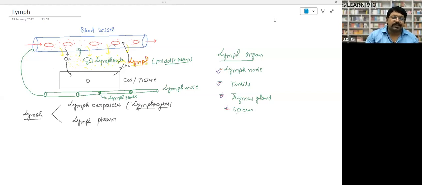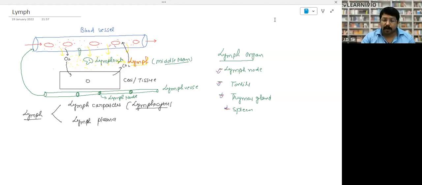Between these lymph vessels, there are some knot-like, nodule-like structures called lymph nodes, right? So lymph is made up of lymph plasma, which is basically the filtered blood plasma, and lymph cells called lymphocytes, a special type of WBC. Production of lymph also takes place in some organs called lymph organs or lymphatic organs. This is a very important question.